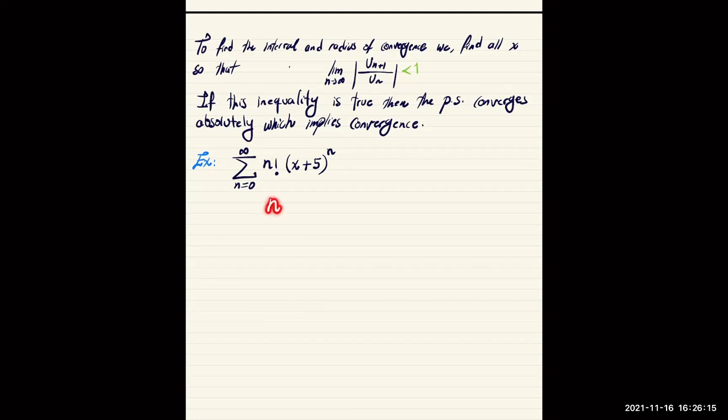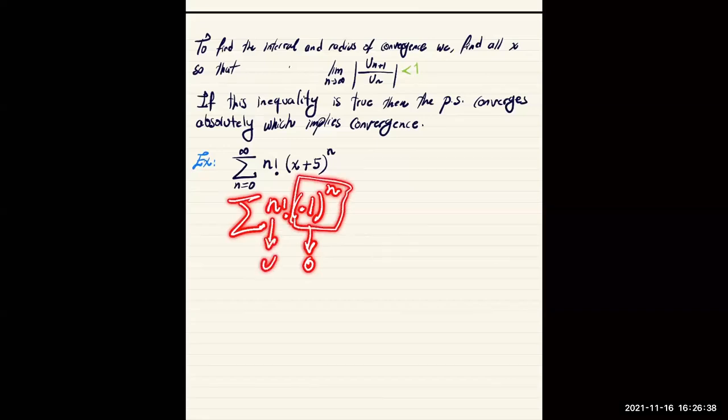Okay, so here we get n factorial, and here we get 0.1 to the power of n, and the summation of that. As n grows, this goes to 0, right? 0.1, the base between 0 and 1, so this whole part goes to 0. But this goes to infinity.